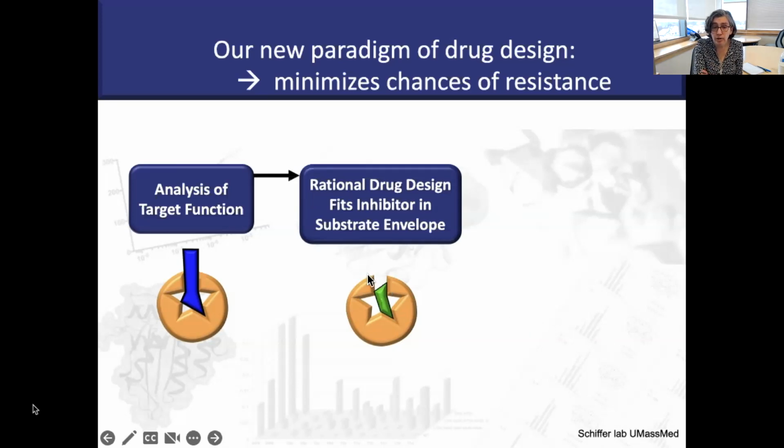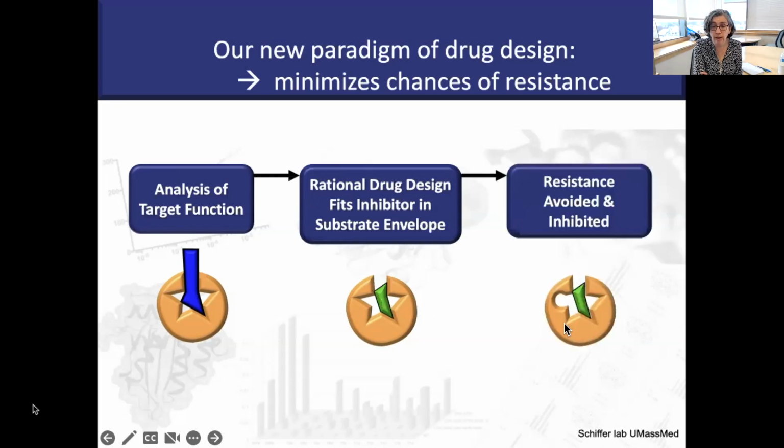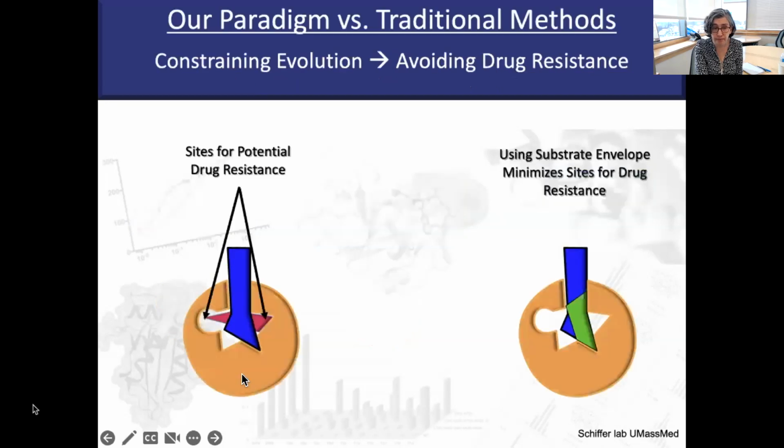And these inhibitors should not only maintain potency against the primary target, but other resistant forms of the enzyme target or other polymorphisms that might exist, because all the ones that are viable have to be able to recognize and process substrates.